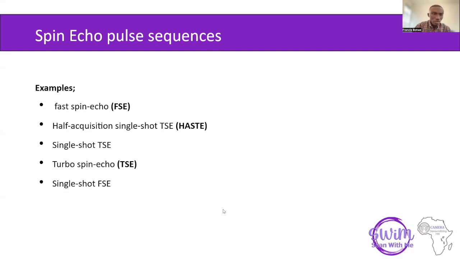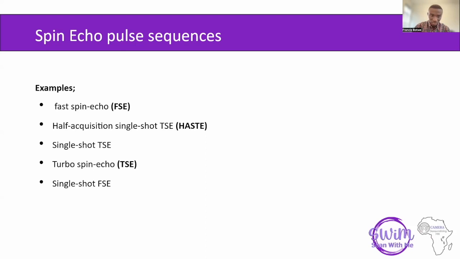Okay, so these are some examples of spin echo pulse sequences. We have fast spin echo, half acquisition single shot turbo spin echo, turbo spin echo, and single shot fast spin echo. Normally, these nomenclatures depend on the type of scanner that you're using.